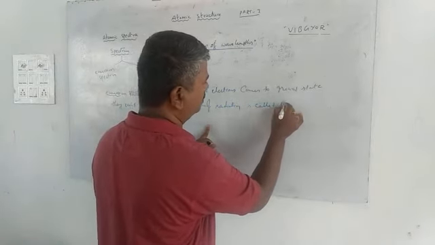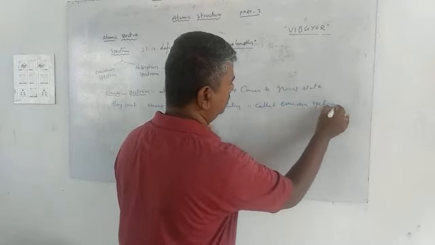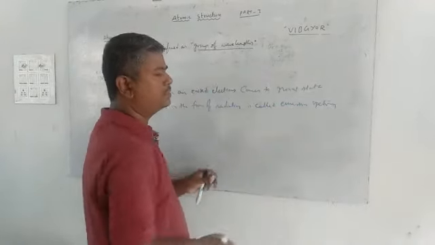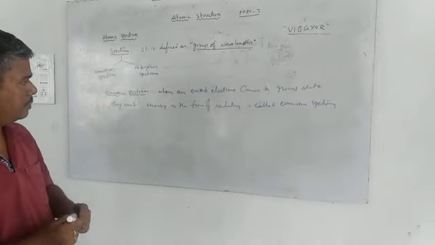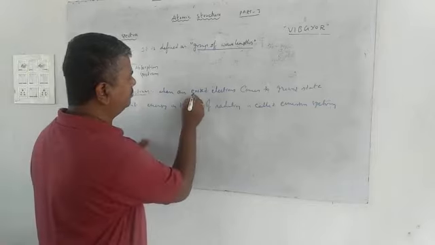That is called the emission spectrum. Emission spectrum. Now observe here, when electrons are excited, which electrons?